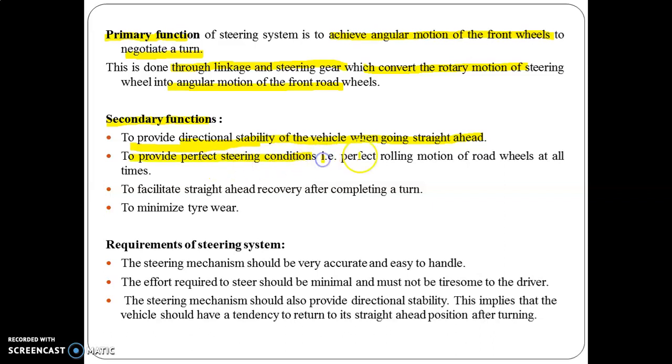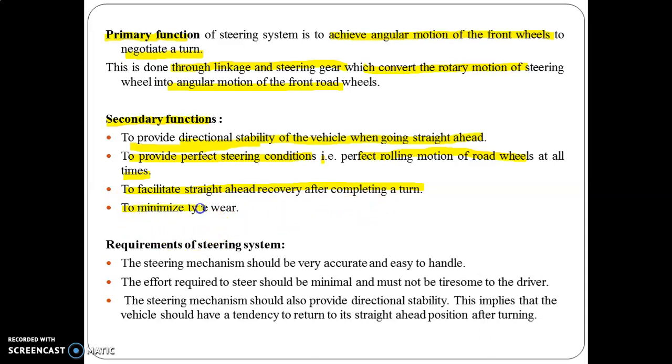Because perfect rolling motion of the road wheels at all times, so it should not affect the steering mechanism. Then to facilitate straight ahead recovery after completing a turn. That is also very important point, that after taking a corner turn, when it goes to stabilize, that also stabilizes the motion of the vehicle in the straight direction.